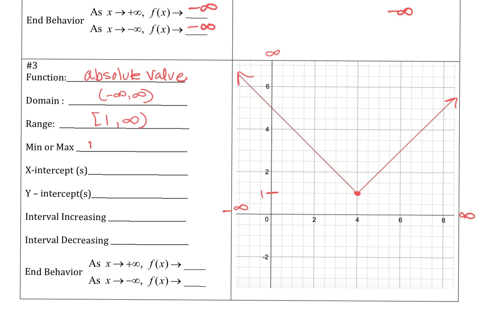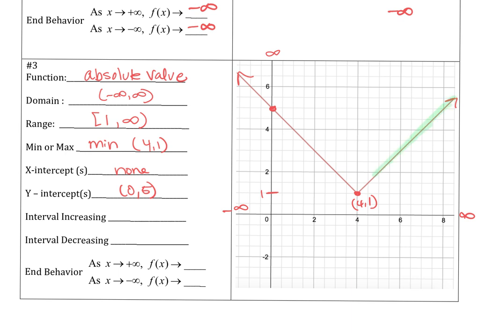I do have a minimum. My minimum value is occurring, it looks like, at (4, 1). My x-intercepts, I don't have any, so there's none. My y-intercept looks like it's occurring at (0, 5). My increasing interval, let me grab my highlighter.